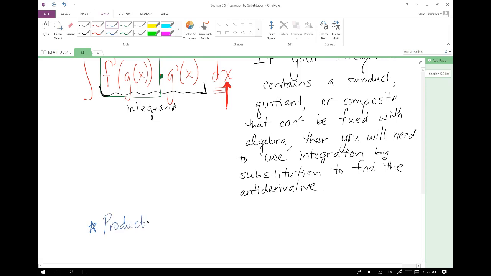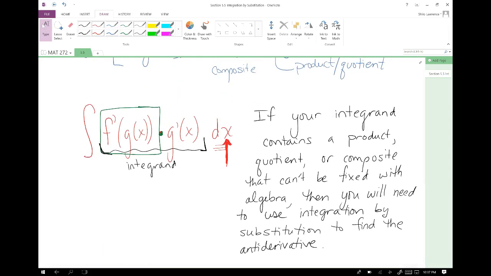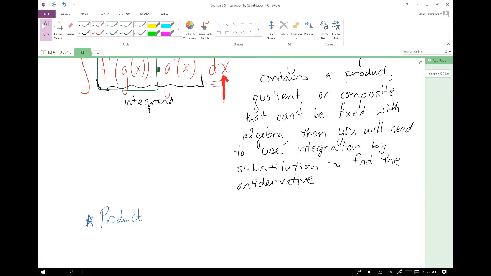So that's something important that you should realize right away. A lot of people will look at these problems and say, well, I don't see a product or I don't see a quotient, so maybe I don't need to use U substitution. And that's not always going to be the case. Just because the format for our chain rule looks like a product doesn't mean that g prime isn't going to turn out to be just a 1 or some other real number coefficient that we don't recognize as a function of x.